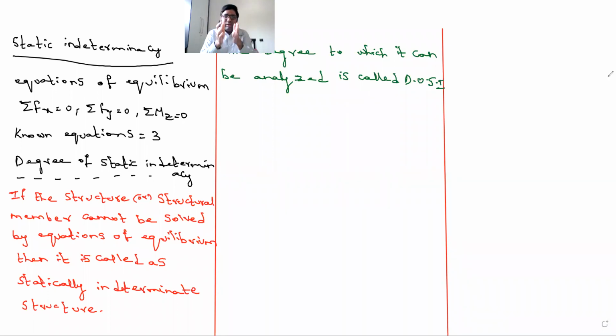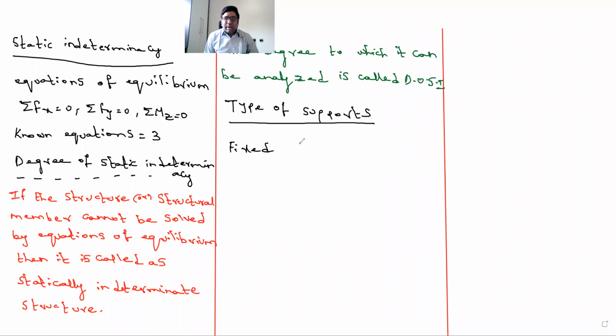So when we are trying to use it for our basic beams, I will write it again. Types of supports. All of you can carefully see here. I am repeating again because this is very important. So fixed will look like this, and there will be three reactions: vertical, horizontal, and moment.